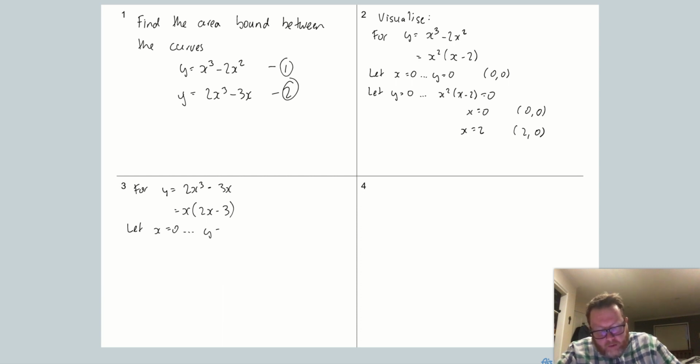It's pretty trivial. y equals 0. 0, 0. Let y equal 0. Then x equals 0, 0, 0. Or 2x minus 3 equals 0. That's a bit more yucky, but we can do that. That would be 3 on 2, comma 0.